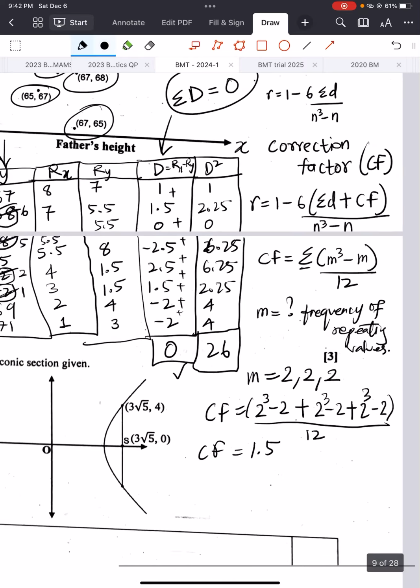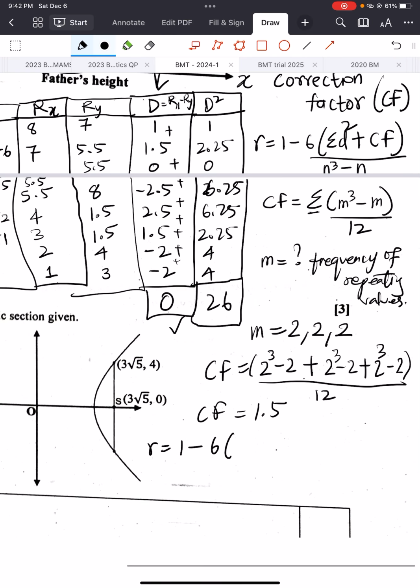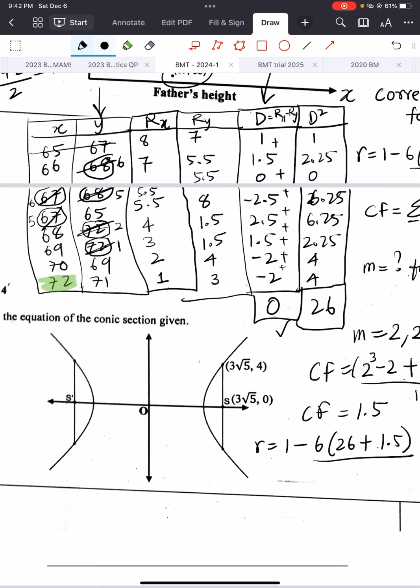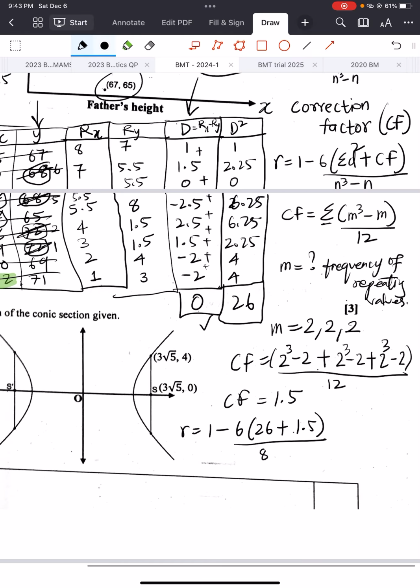So this you can replace in the formula. R equals 1 minus 6 times summation of D squared. The summation of D squared is 26, then plus CF is 1.5, divided by n. n is the number of items, so you have 1, 2, 3, 4, 5, 6, 7, 8. 8 items, so 8 cubed minus 8.